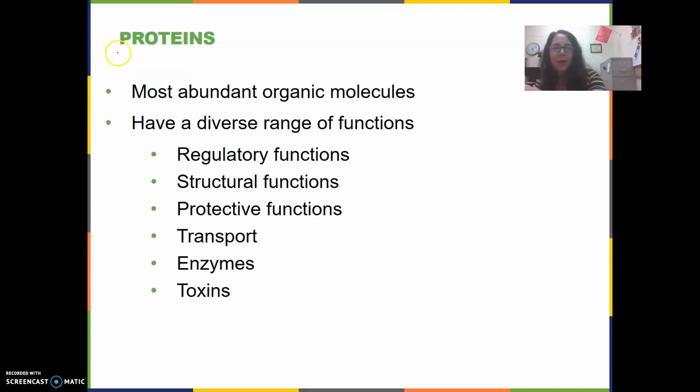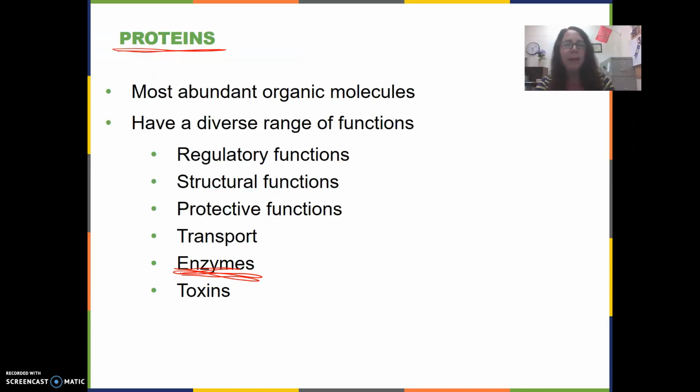Now we're going on to proteins, which are the most abundant organic molecules. And they have many, many functions. They can have regulatory functions. In other words, there are proteins that serve as enzymes, which help regulate or speed up chemical reactions.